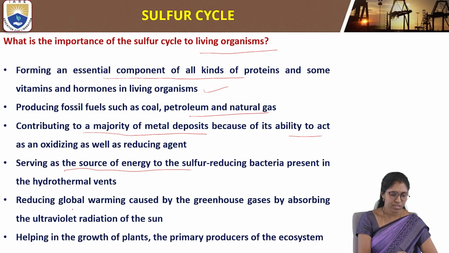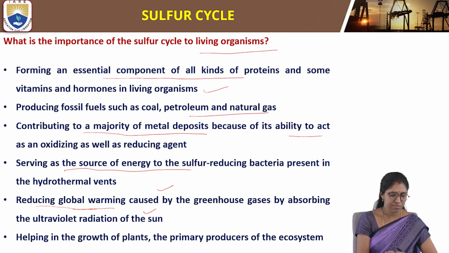The sulfur cycle also reduces the global warming caused by greenhouse gases by absorbing the ultraviolet radiation of the sun. This is a very important function of the sulfur cycle.